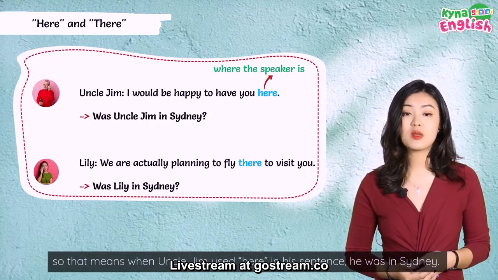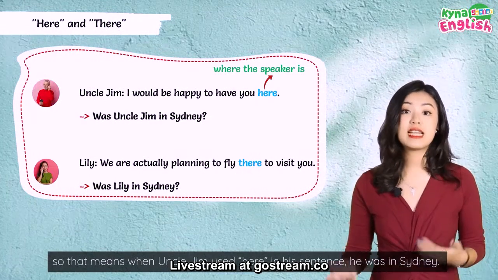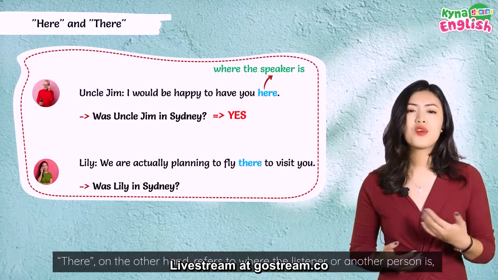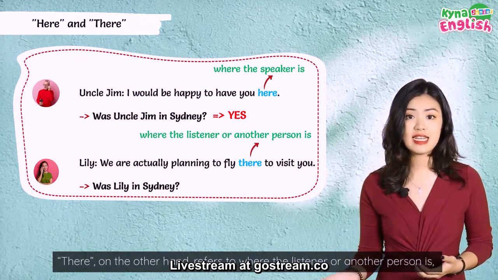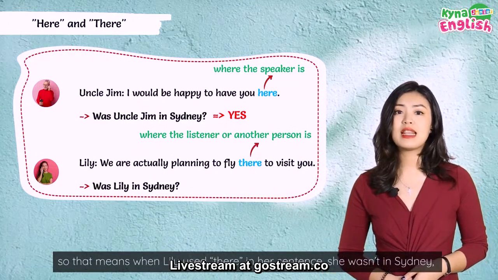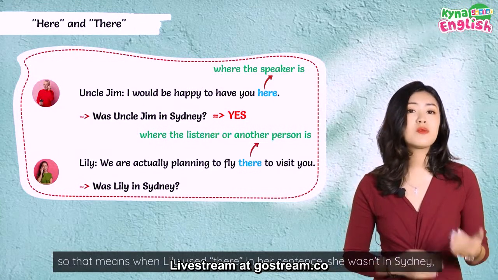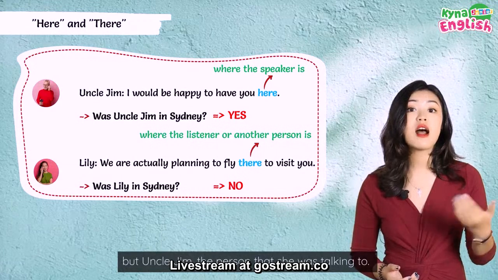So that means when Uncle Jim used here in the sentence, he was in Sydney. There, on the other hand, refers to where the listener or another person is. So that means when Lily used there in her sentence, she wasn't in Sydney, but Uncle Jim, the person that she was talking to, was.